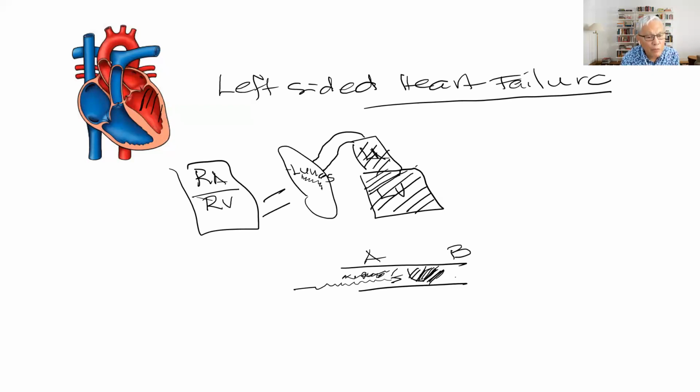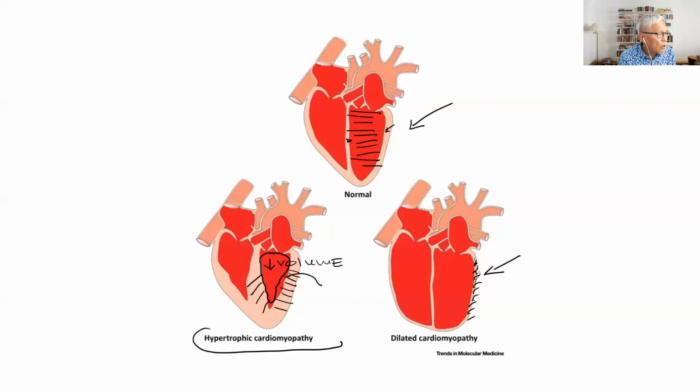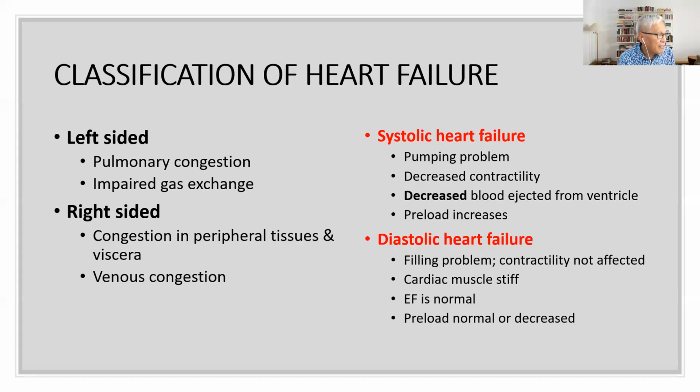So the patient will have shortness of breath, they might have cough, they might have rales, they also might have pulmonary edema. So those are what happens whenever you have left-sided heart failure. So you will always have pulmonary congestion as a manifestation.